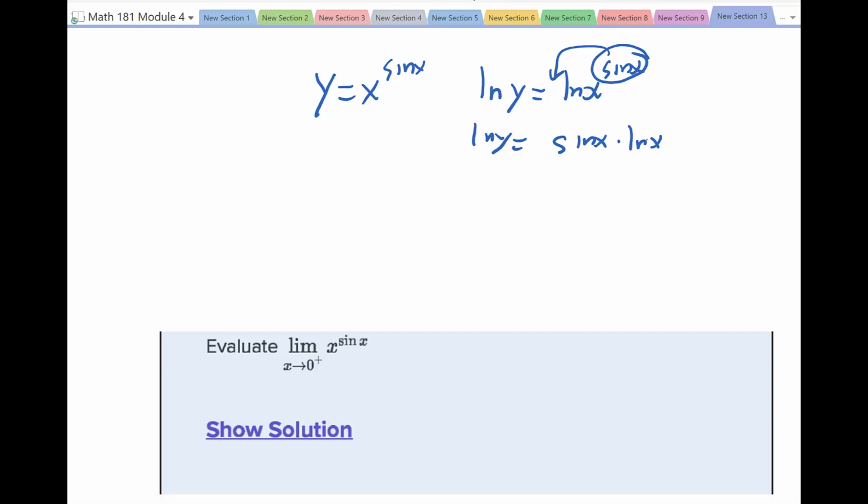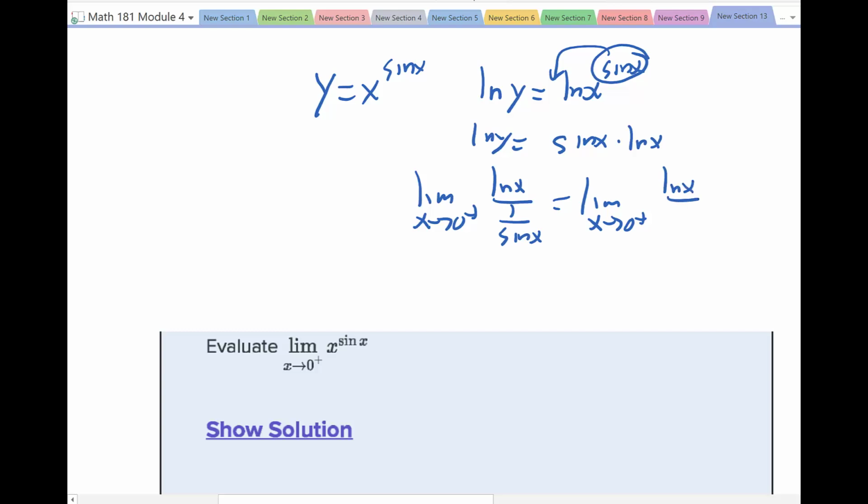Okay, so I'm going to look at this limit as x goes to 0 from the right side of natural log of x over 1 over sine x, which is to say it's the limit as x goes to 0 from the right side of natural log of x over cosecant x. So the trig functions are pretty helpful because you can move them there, and then it's a reciprocal function, so you can always make that substitution. It doesn't look like you have a fraction to deal with.